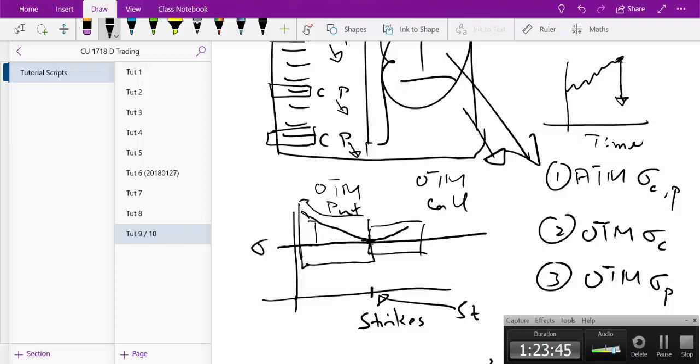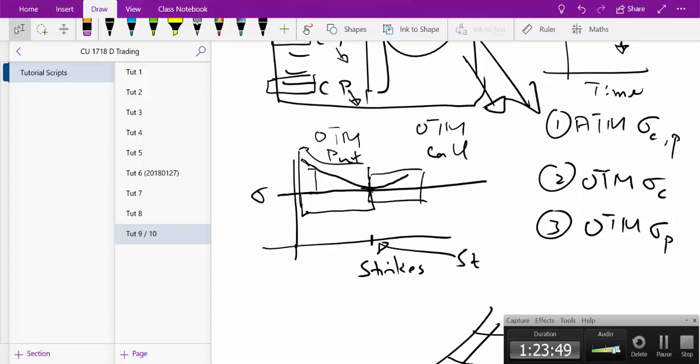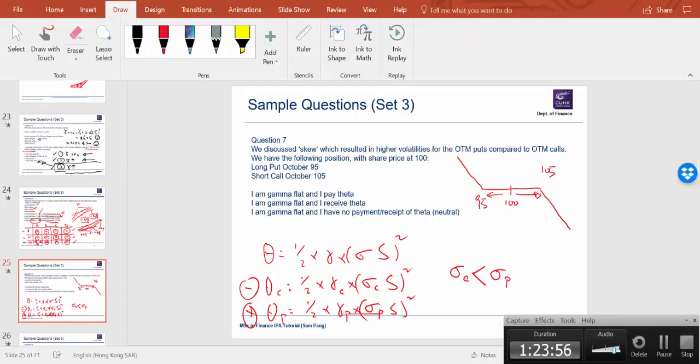Now, what we are telling you is that normally out of the money put vols will be higher than out of the money call vols, which means your put theta would be higher than your call theta, and you are long the puts.